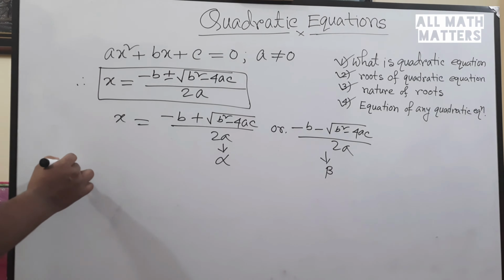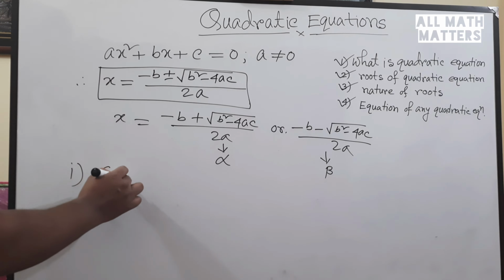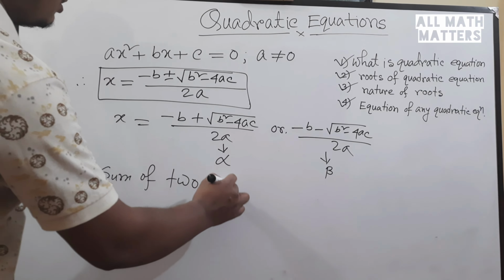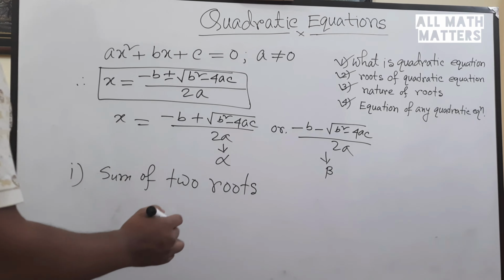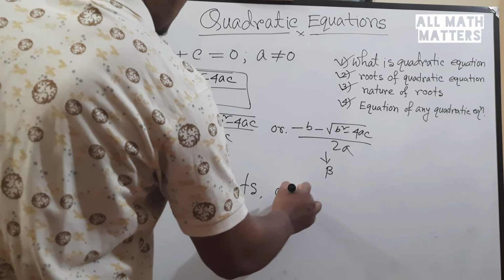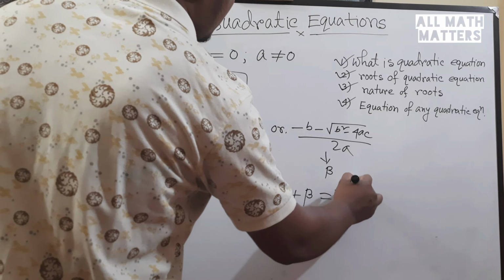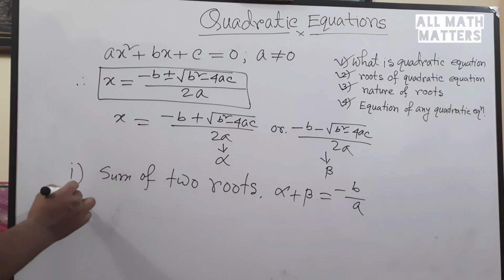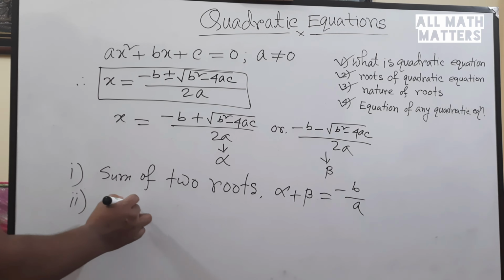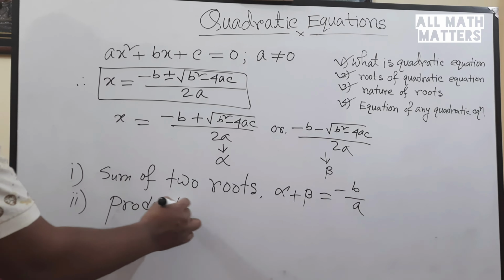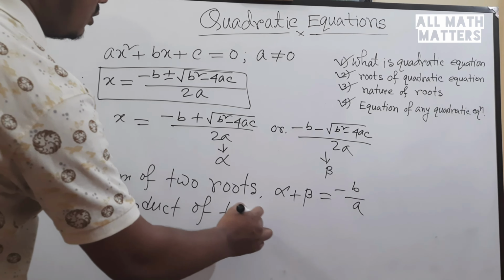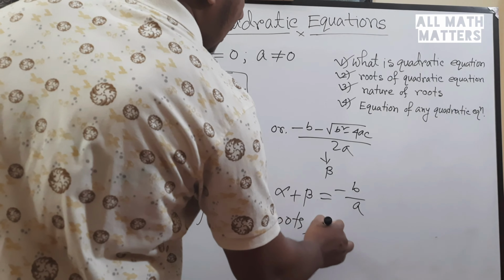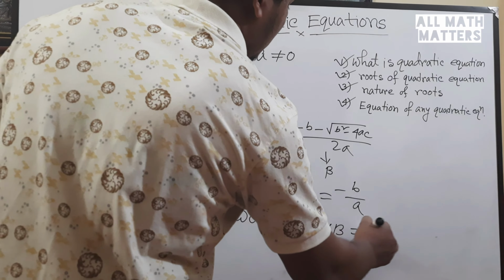Number one, the sum of the two roots is alpha + beta = −b/a. Number two, what is the product? The product of the two roots, alpha × beta, equals c/a.